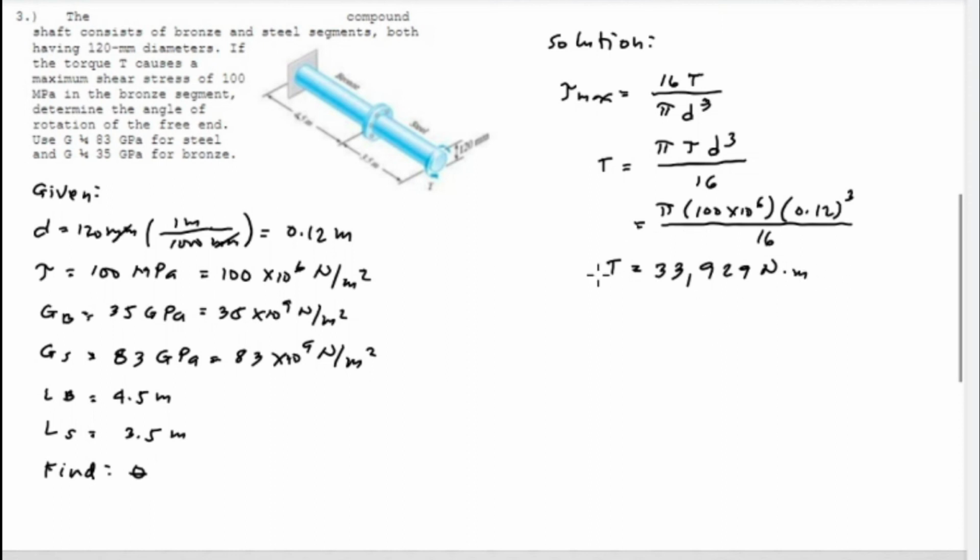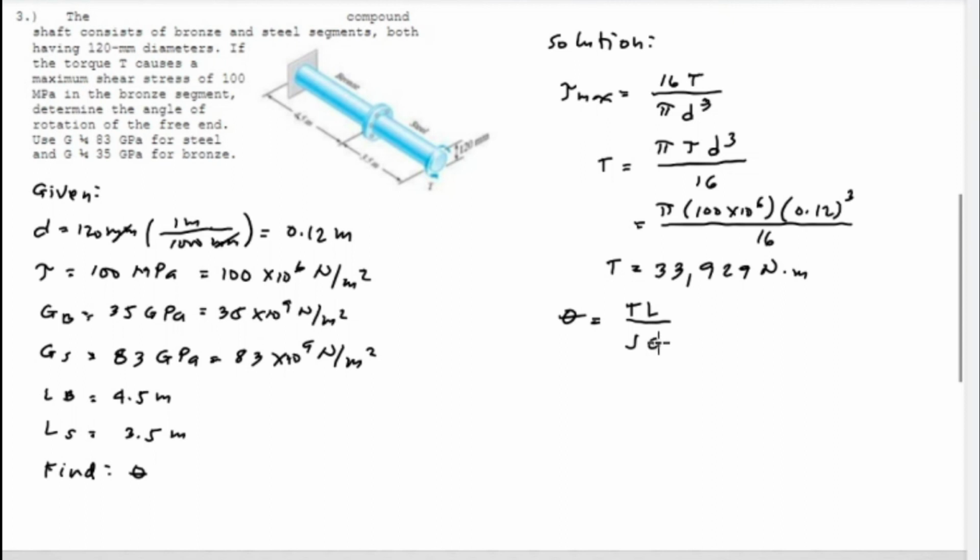So we have now the value for T, and the formula for the angle of twist is equivalent to TL over JG. So we have two segments, the bronze and steel. We have the same value for torque and the value for J. However, the length for the bronze and the length for steel are different. Also for the shear modulus.